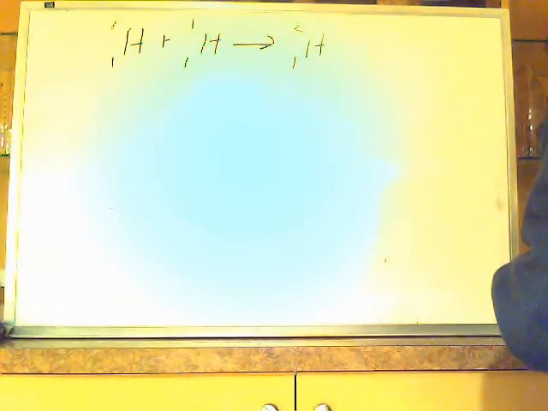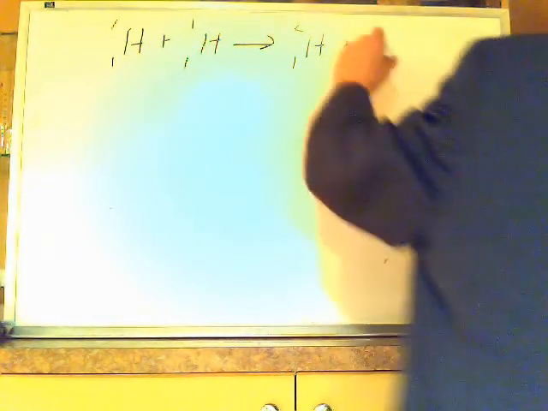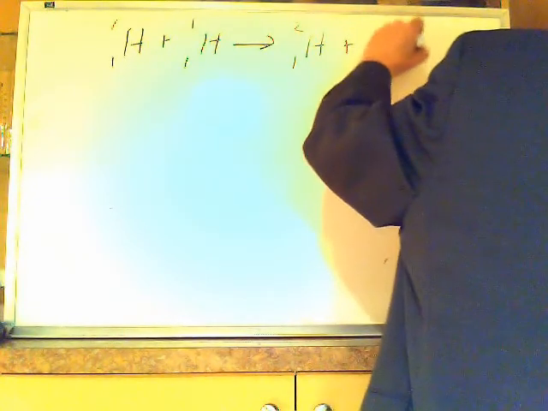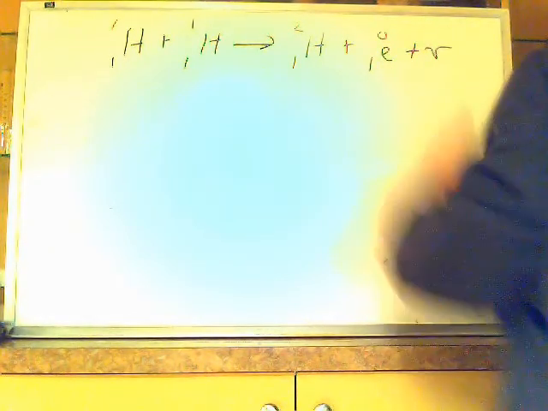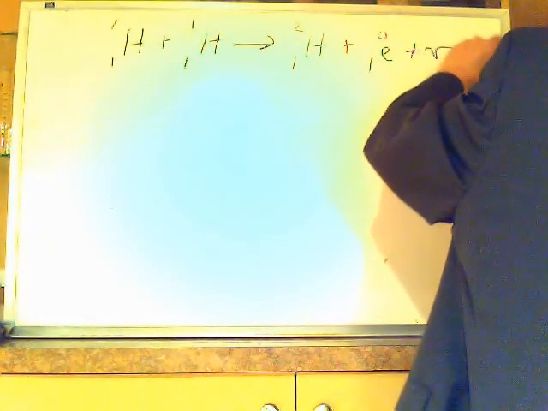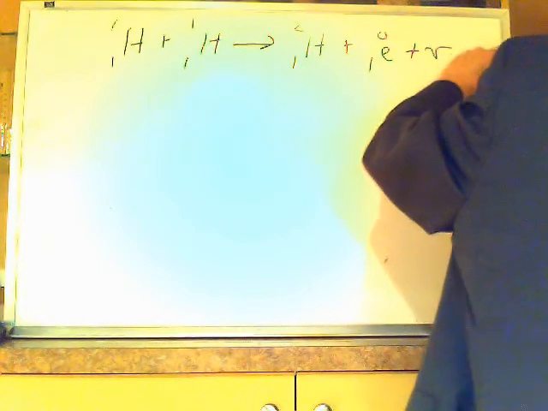And that's going to produce also a positron and a neutrino. And the energy associated with that is 0.42 MeVs.